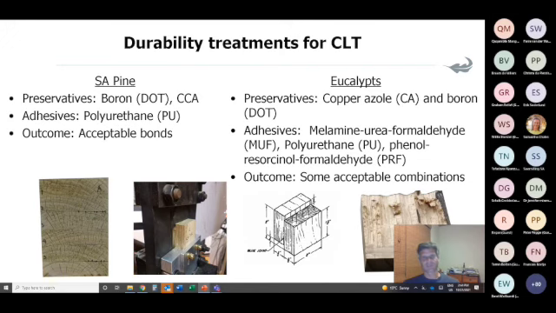The only CLT manufacturer in South Africa, XLAM from Cape Town, in fact uses a different preservative, Vacsol Azure, with polyurethane adhesive, and also gets acceptable results. So it seems like durability treatments are not a problem for mass timber, and there are various options that manufacturers can follow to get treated CLT.